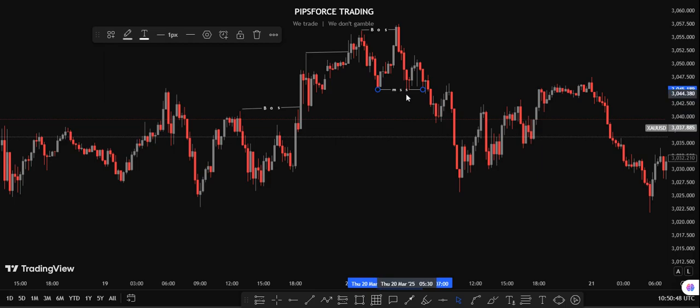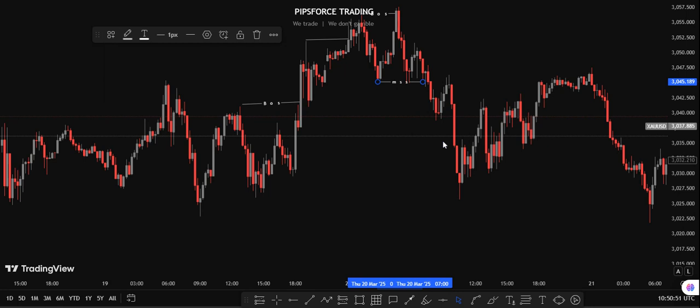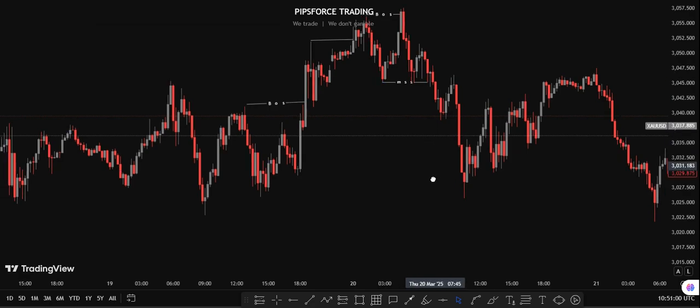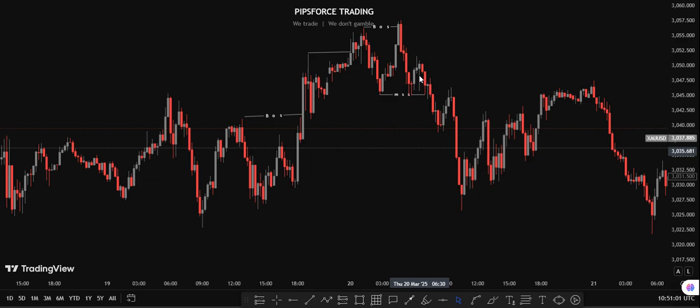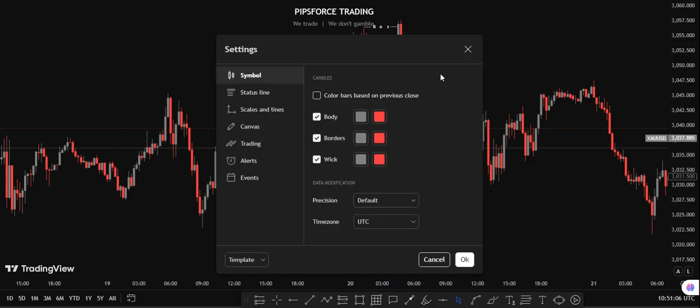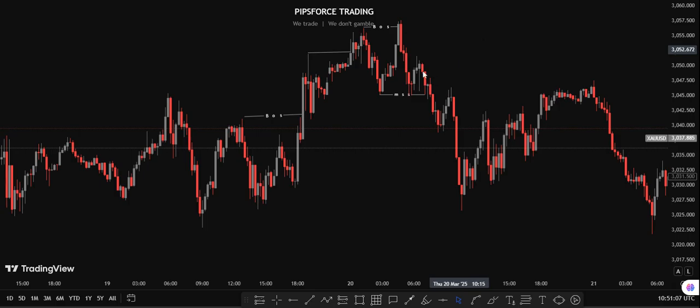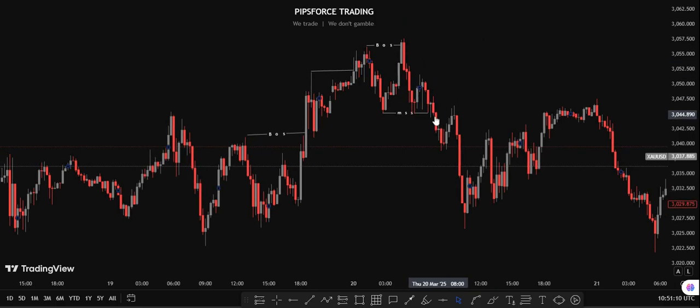So a market structure shift at this level will now be, for us to confirm the bearish movement, we need to see price breaking structure to the downside. As simple as that. So we can see the first move, which is this level, when price breaks this structure to the downside, right?